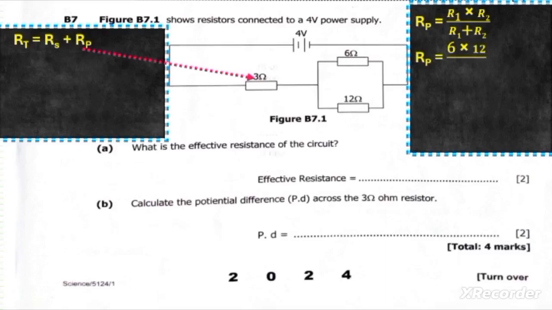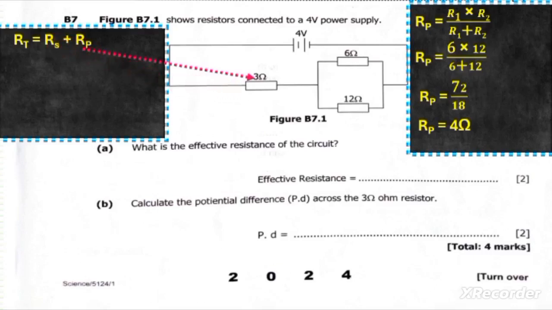Resistance in parallel is equal to 6 times 12 over 6 plus 12. So 6 times 12, we are going to get 72. 72 divided by 18, we are going to get 4 ohms. And this is our resistance in series.